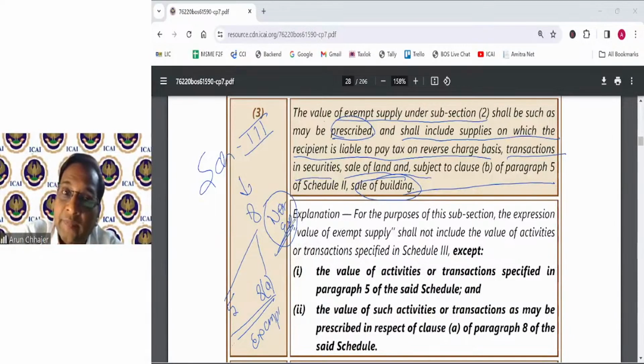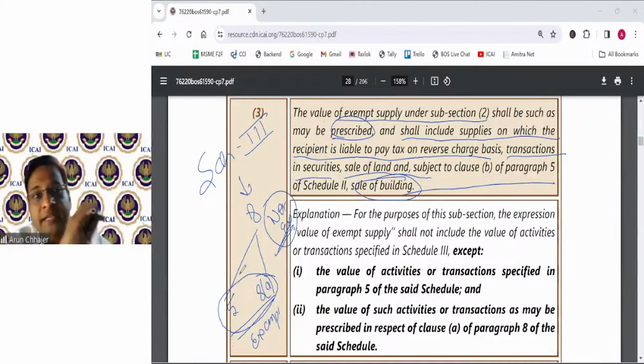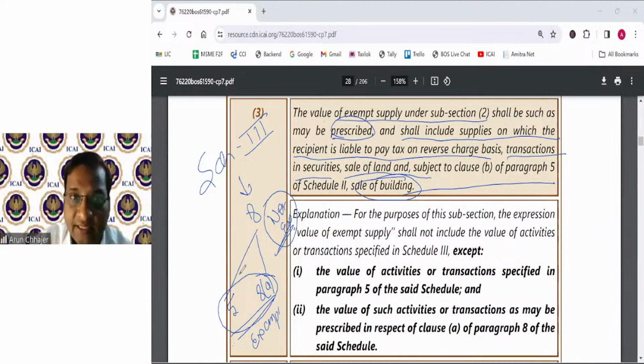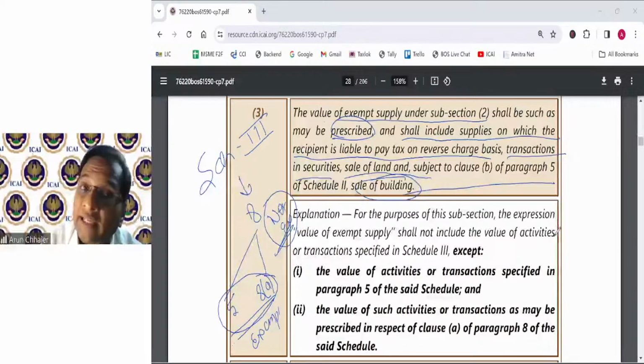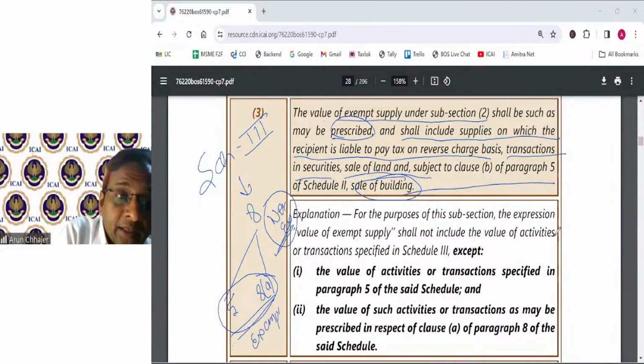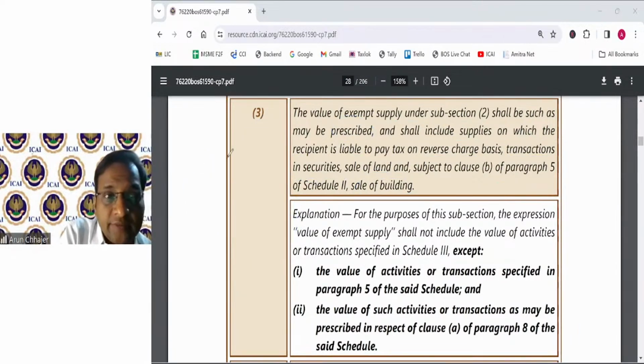In Schedule 3, only because of these 2 paras, which are considered as exempted supply, you need to reverse the ITC. But if you have a Schedule 3 supply other than these 2 items, you are not required to reverse your common ITC because it is not exempted supply. Let's read the explanation.